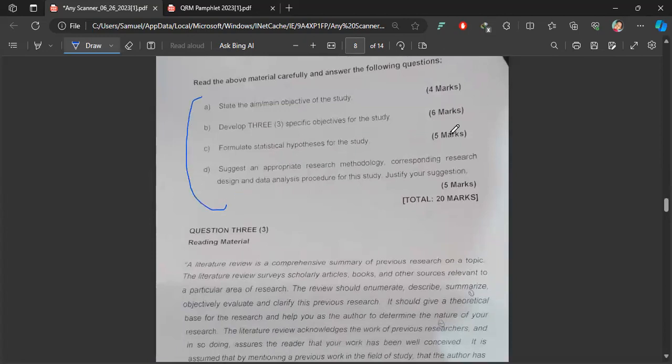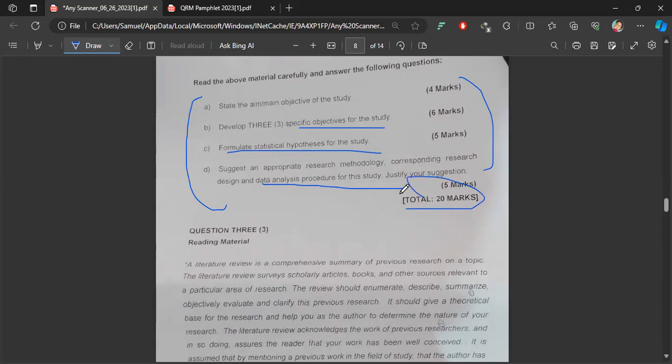State the aim or the major objective of the study. We've also been asked to find the three specific objectives of the study. We have to formulate a statistical hypothesis and suggest an appropriate research design, research methodology, corresponding design, and data analysis procedure, then we justify.